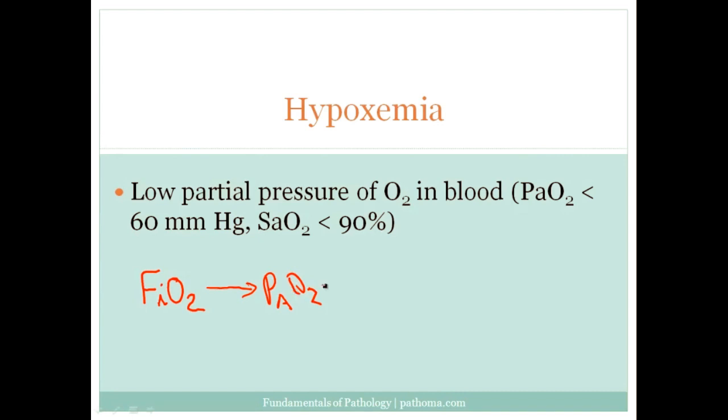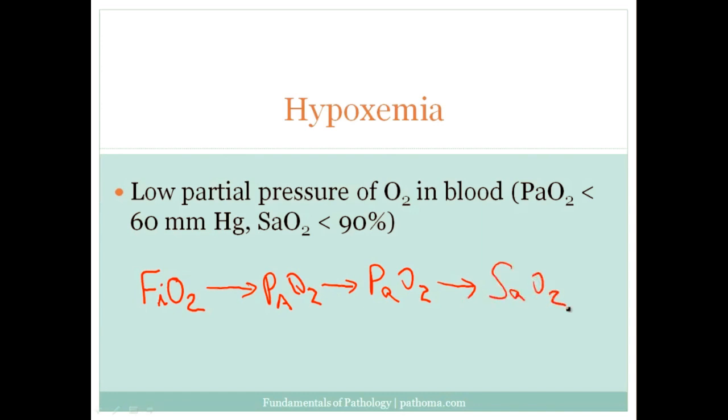Now that PAO2 squeezes oxygen. That pressure is used to squeeze oxygen across the interstitium and into the capillaries, which then creates a PaO2, which is the partial pressure of oxygen within the arterioles. And then that PaO2's goal is to squeeze oxygen across the red blood cell membrane to load oxygen onto hemoglobin, creating an SaO2.